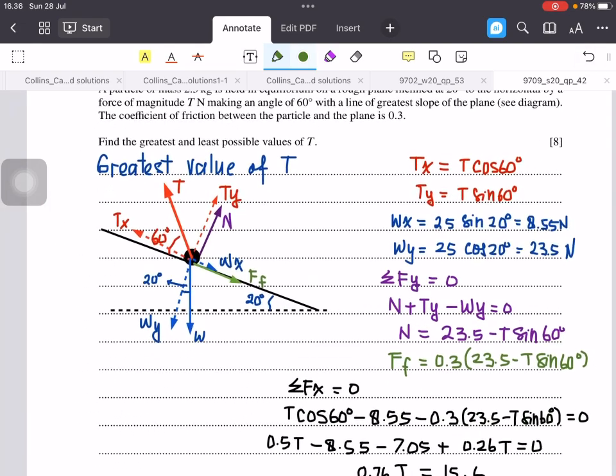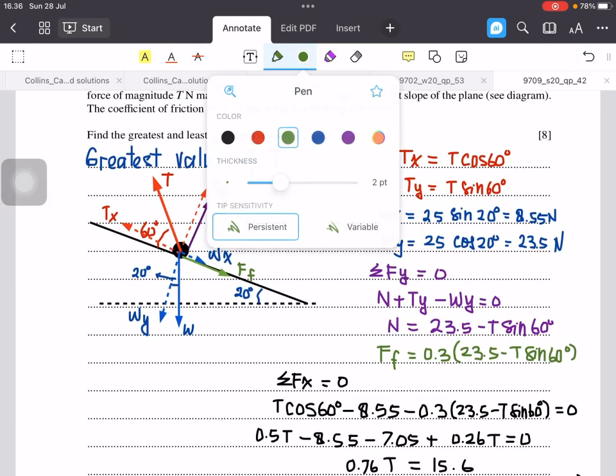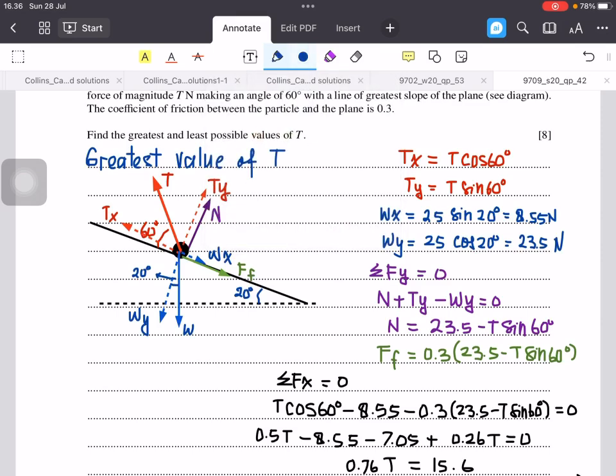And then for the greatest value of T, it means that T is as big as possible, but the system is still in equilibrium. It means that the particle is at the point of moving up the plane.